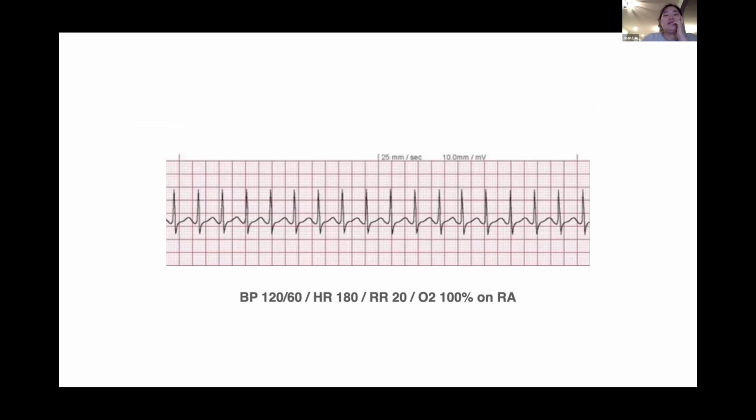This is SVT. I would try any type of vagal maneuver. Particularly, I would try putting something cold, like a cold compress on her forehead and over her eyes. That would be my first initial treatment to see if that will break the SVT.